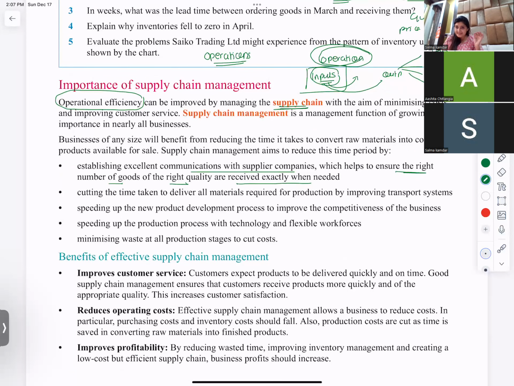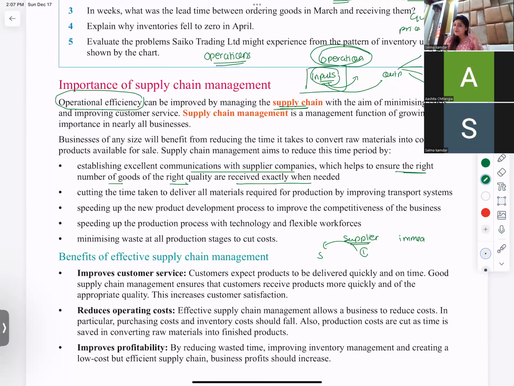If I know exactly that after I order, my supplier is going to supply goods immediately on the same date, then I will order on the same date. But if I know that my supplier will take 4 days time to revert, then what will I do? I will order him 5 days prior.